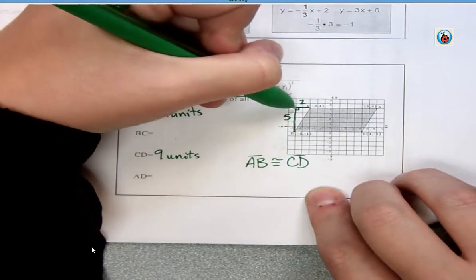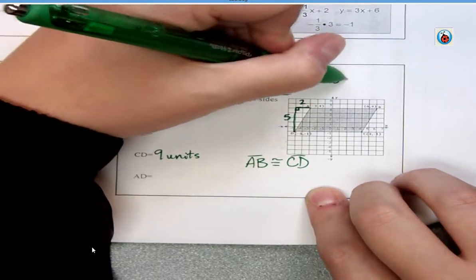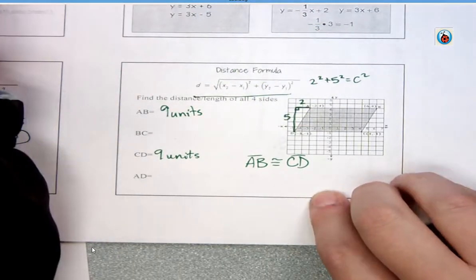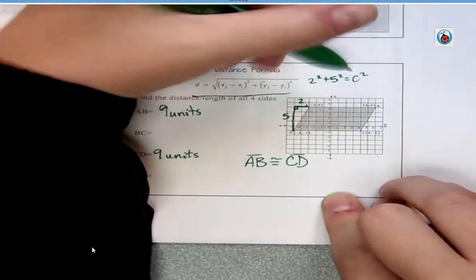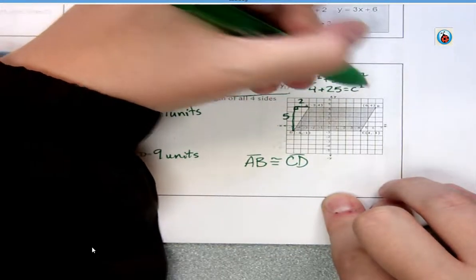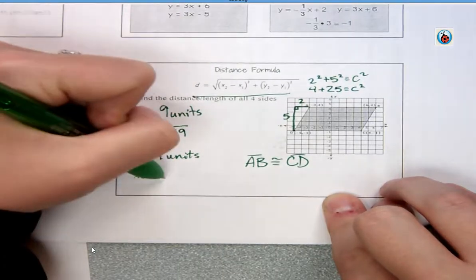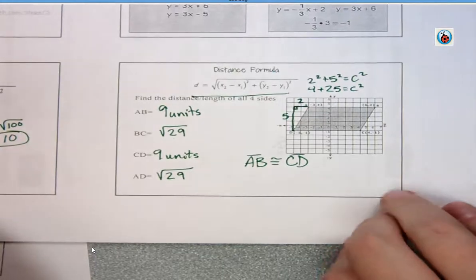So from AD it goes up 5 and over 2. 2 squared plus 5 squared equals C squared. So very similar to the distance formula. Alright. So now it's 4 plus 25 equals C squared. So square root, oh I wrote it on the wrong one. But square root of 29 is what AD is going to be.